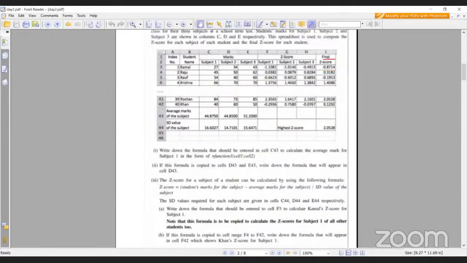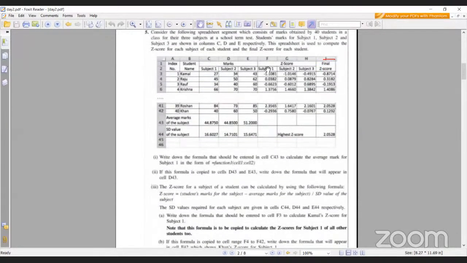So how are you going to do that? You have to take the sum of F3 to H3. You are taking the total, that is equal sum within bracket F3 colon H3. Then you have to divide by 3.